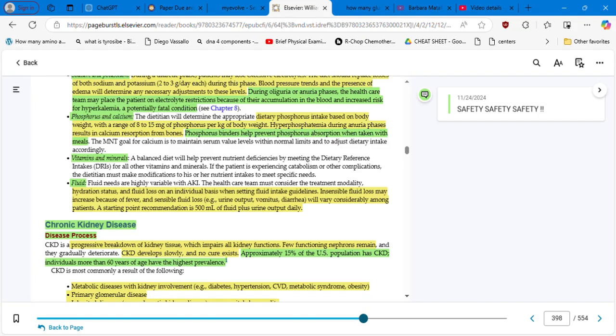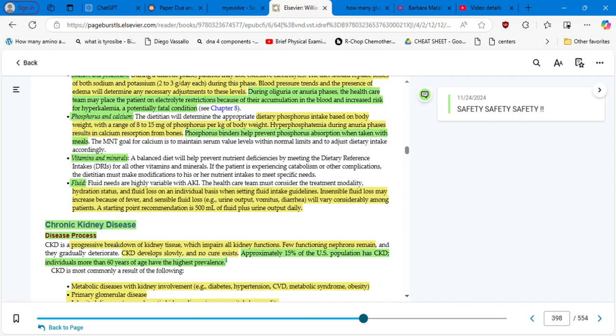Insensible fluid loss may increase because of fever, and sensible fluid loss is urine output, vomitus, and diarrhea, which will vary considerably among patients. A starting point recommendation of 500 ml of fluid plus urine output daily has to be reviewed and considered.